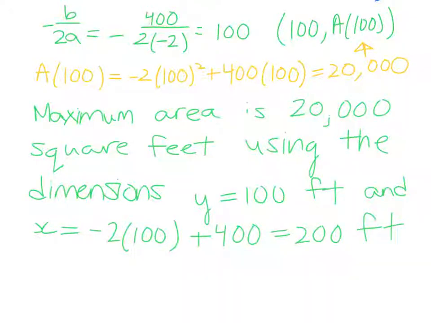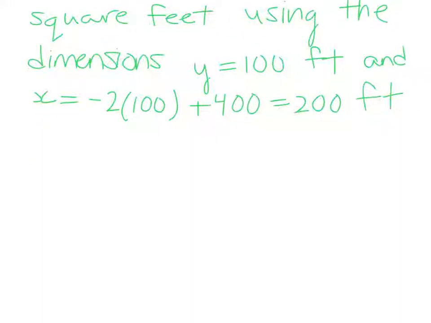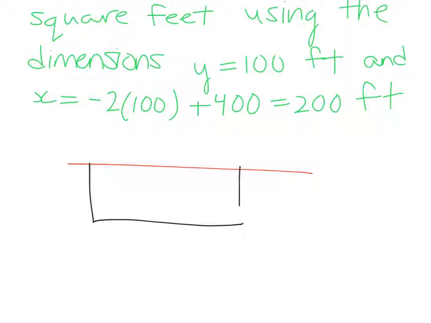And that part in green is our solution. And if you wanted to complete your drawing, remember we had our barn, and the maximum area was 20,000 feet squared. The y was 100 feet, and your x was 200.